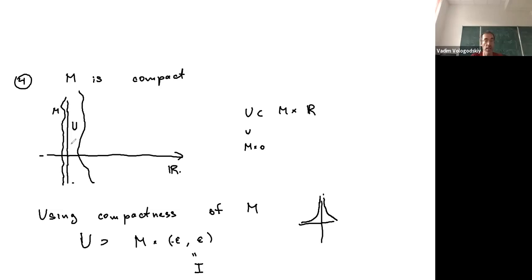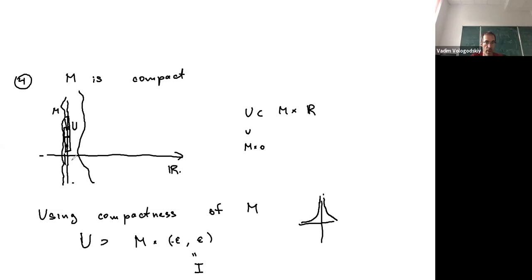So how do you see this? Well, by definition of an open set, every point of M has a small cylinder sitting inside U. That is because cylinders form a base for the topology. So you can cover your M by cylinders of this type.